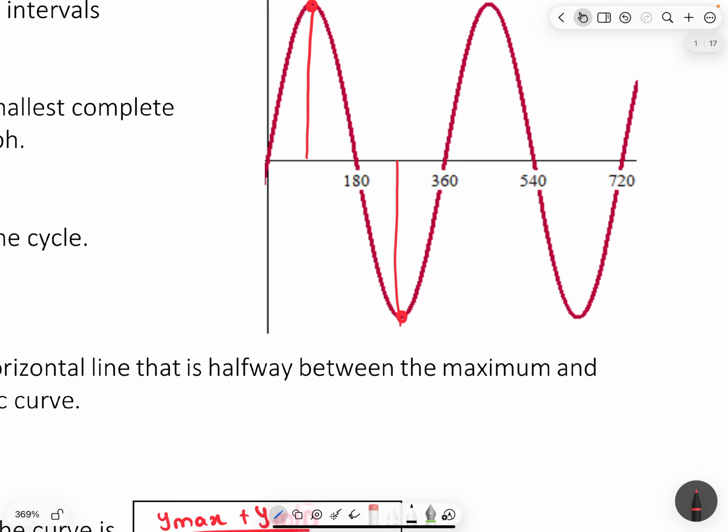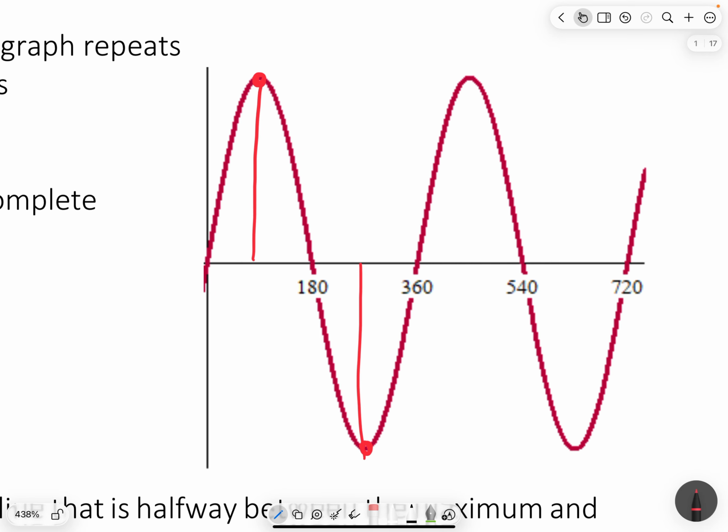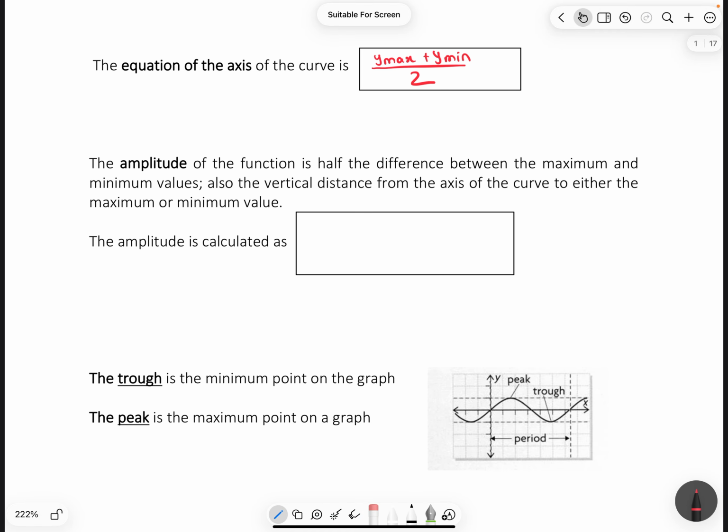What we're actually doing here is finding the average of the minimum and maximum points, which will land us right between them.